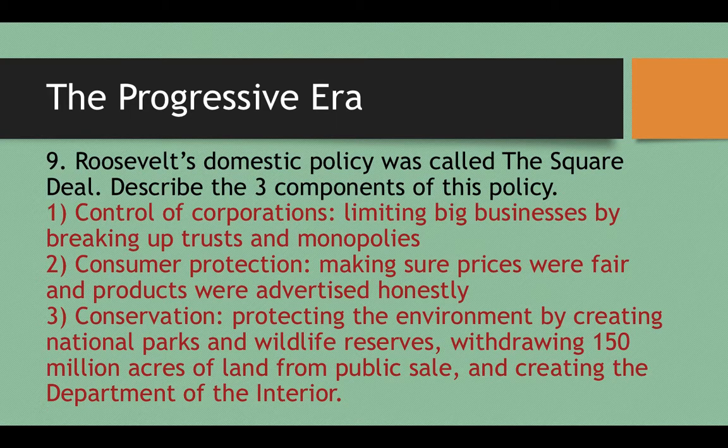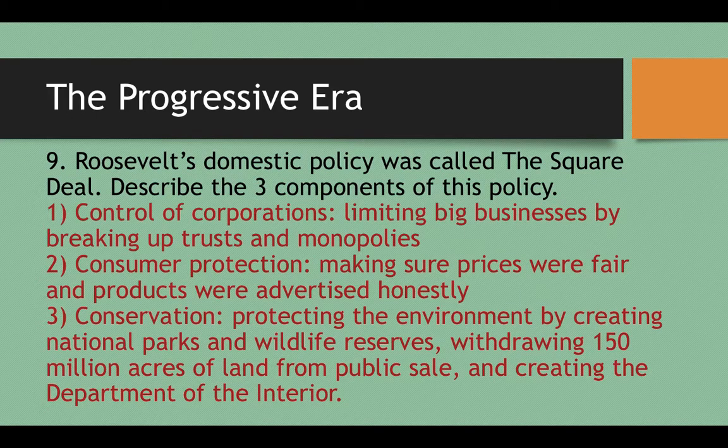And the third component of his domestic policy was conservation. He was a big believer in conservation and protecting the environment. He did this by creating national parks. He created 5 national parks during his time in office. He also created the Department of the Interior, which oversees the maintenance and upkeep of national parks.